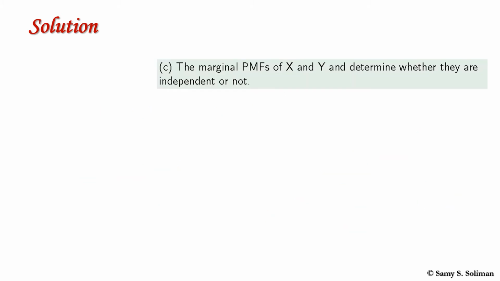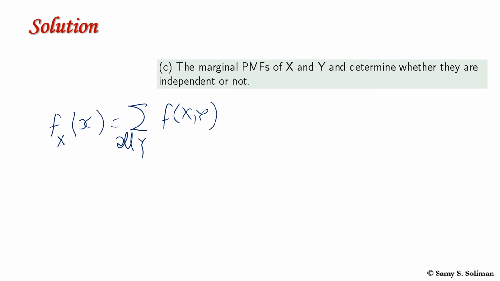If we want to calculate the marginal PMFs of x and y, that means we need to calculate f of x for the values of x, and again this is the summation over all values of y for the joint distribution, and again this can be obtained from the table.